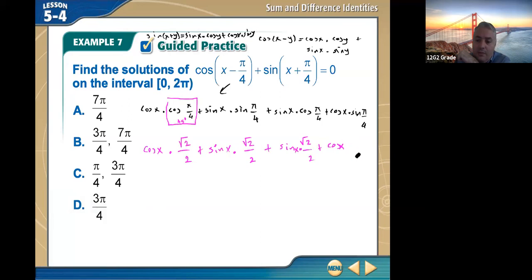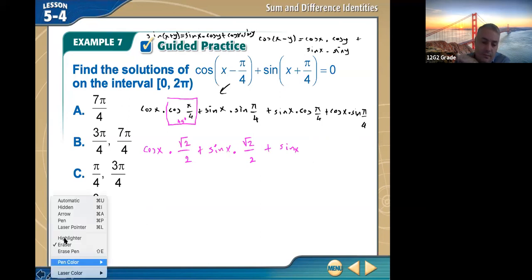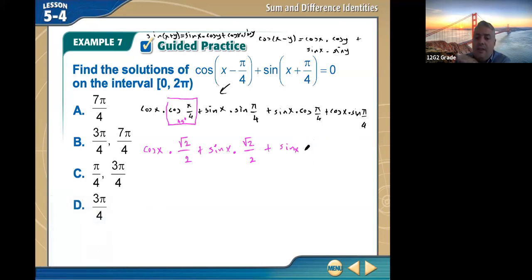So, write it again. Sine of x, so cosine of this, sine of this, root 2 over 2, and cosine of x, root 2 over 2. Now, when I look at the question, dear ladies, look, this one and this one are the same.